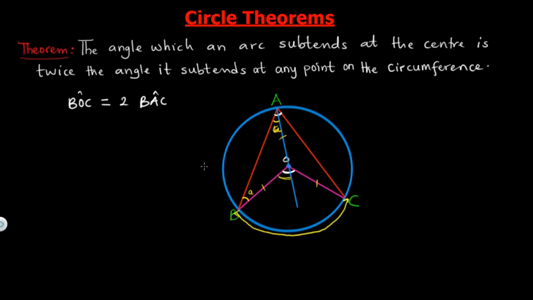Remember that we can say the sum of opposite interior angles is equal to the exterior angle of a triangle. So A plus A will give us 2A here. You remember that rule?